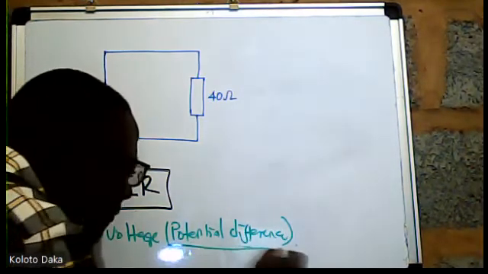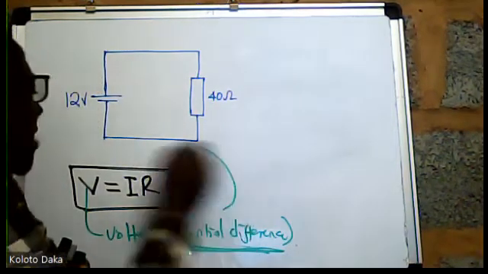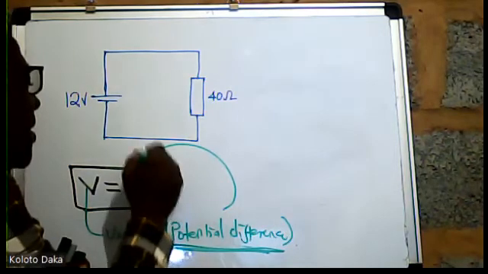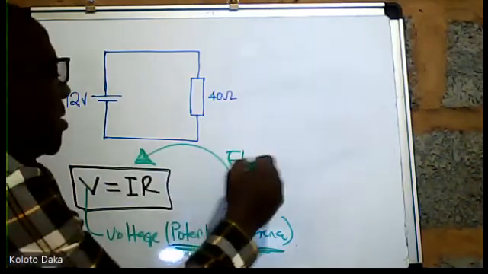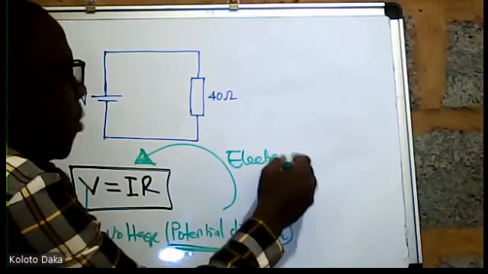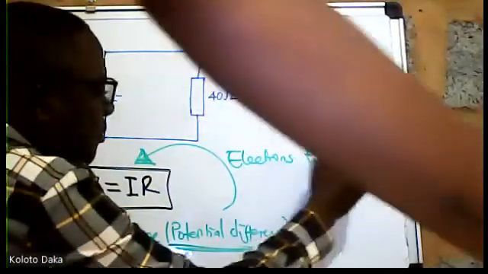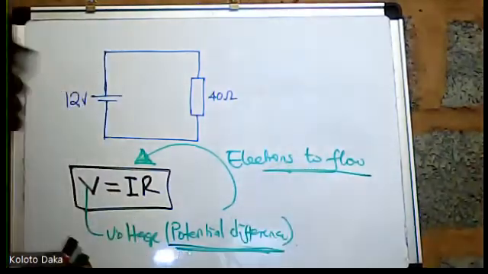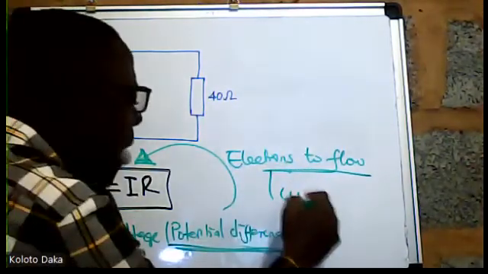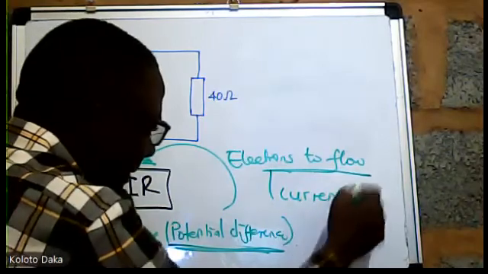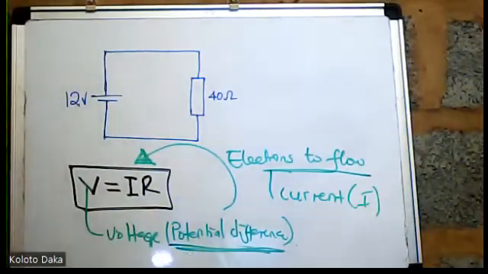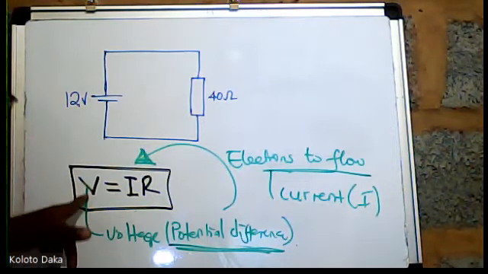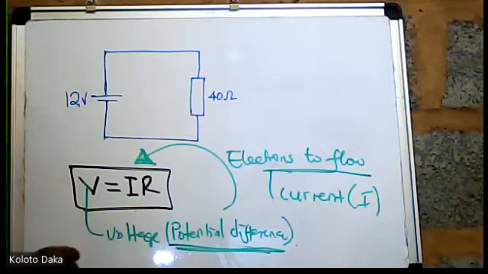Due to potential difference, the potential difference will cause electrons to flow. And the flow of electrons is the animal we call what? Current, given by I. So what has to start is the voltage. We must have voltage.